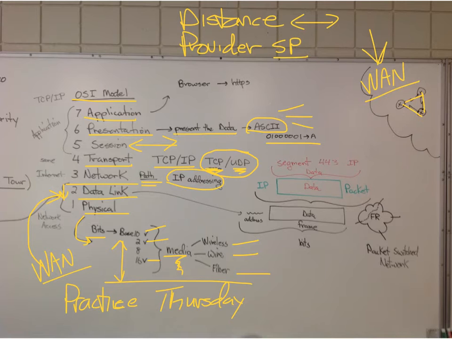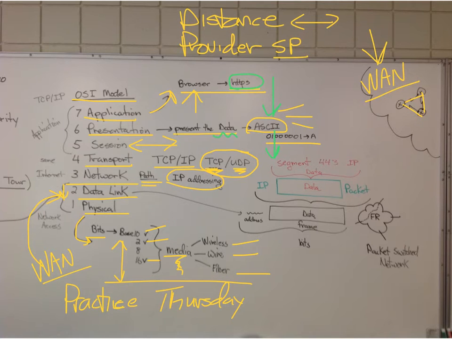Then the application links us into some app. So we did an example. We said a browser running HTTPS, so that information then would come down through, secured, so the data would get encrypted.